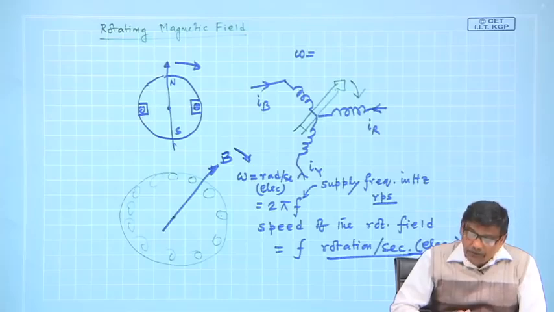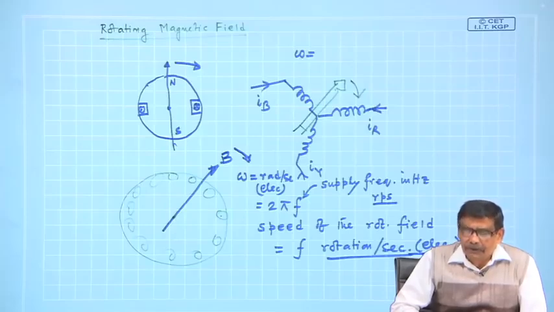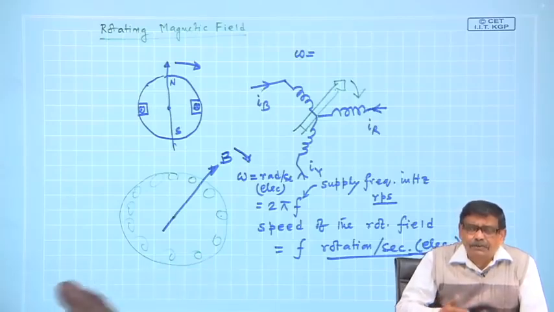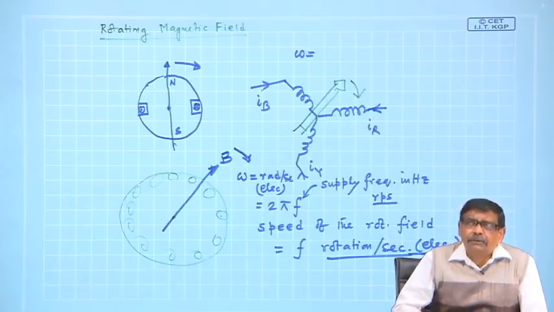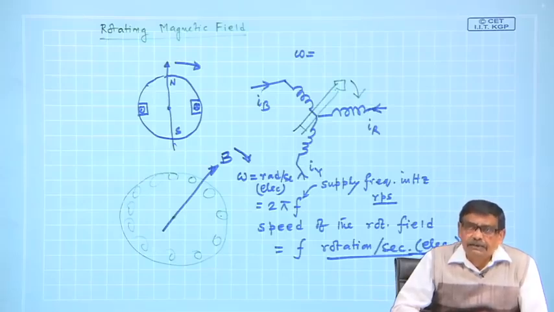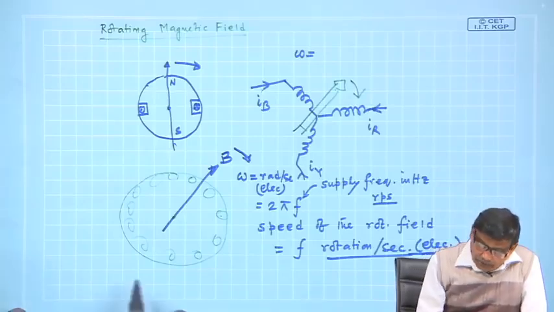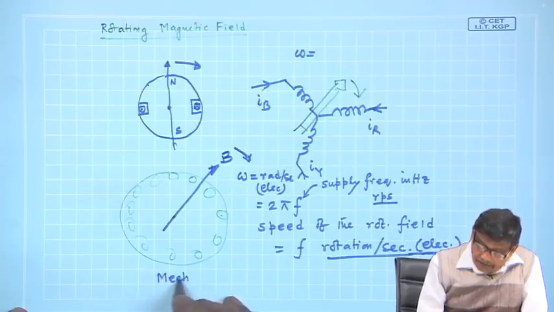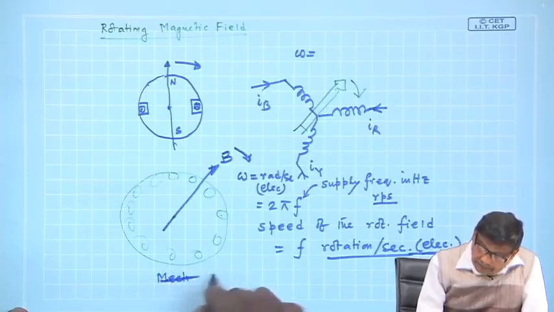Now, but as you know, we want to talk realistic speed, that is the speed which can be measured with some mechanical means, or the mechanical speed, theta by t is the speed, mechanical speed. So, what will be mechanical speed?